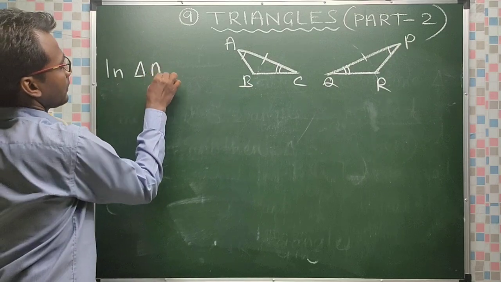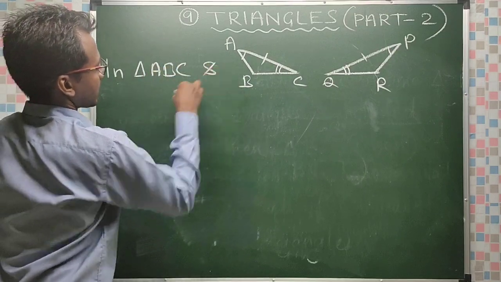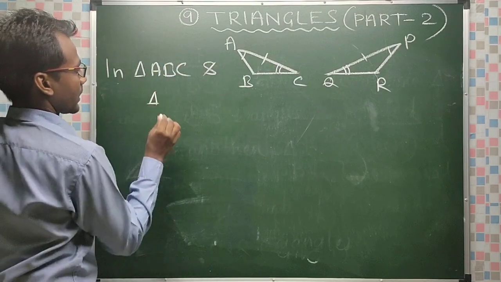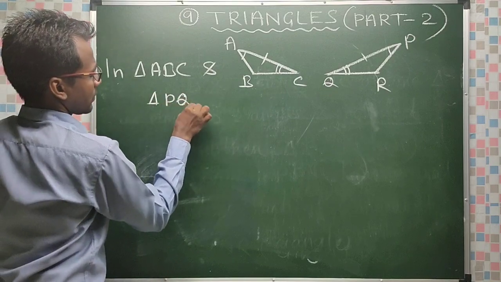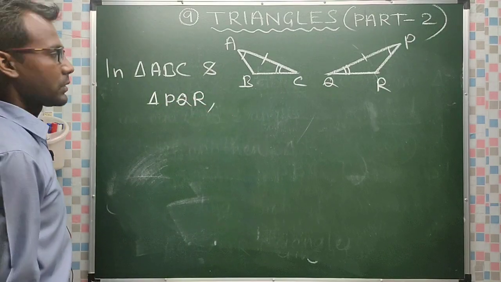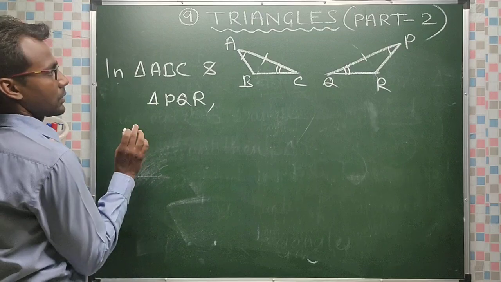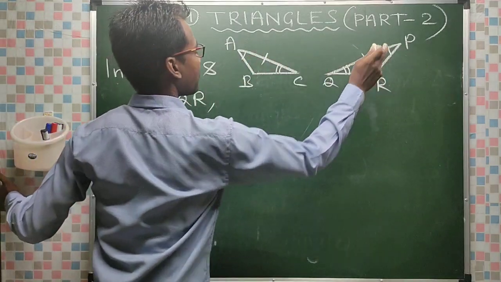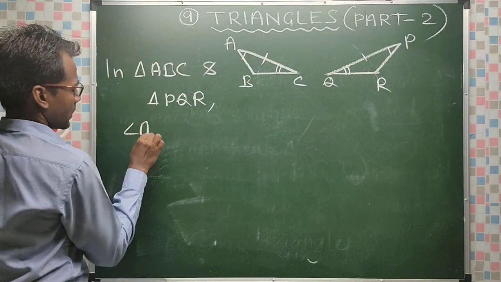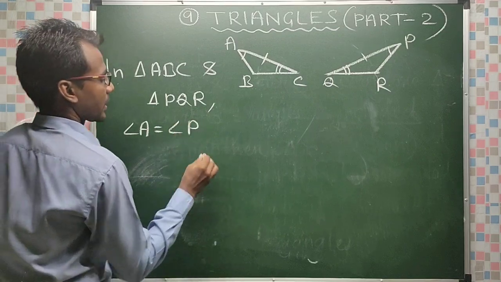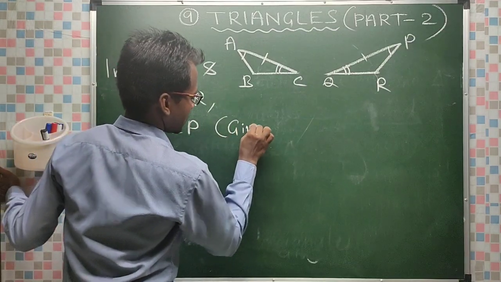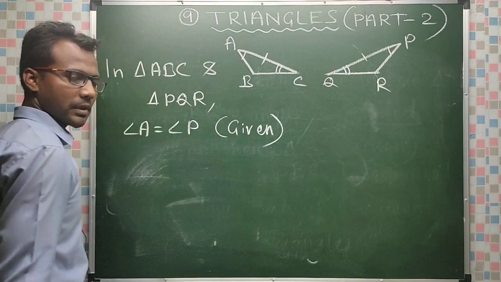In triangle ABC and triangle PQR, angle A is equal to angle P, given.